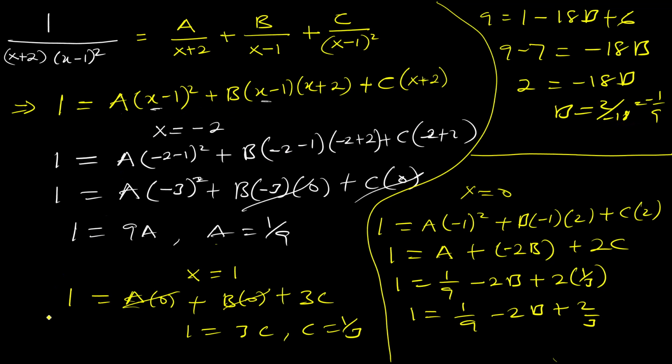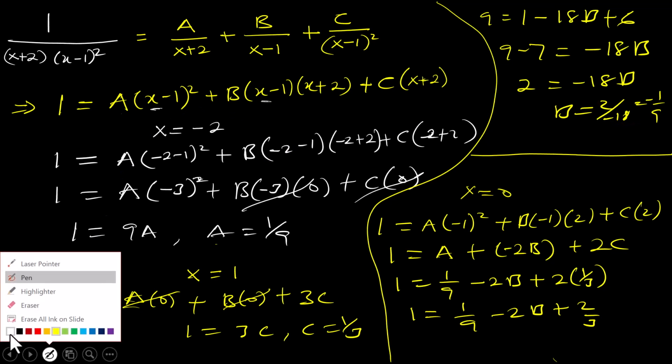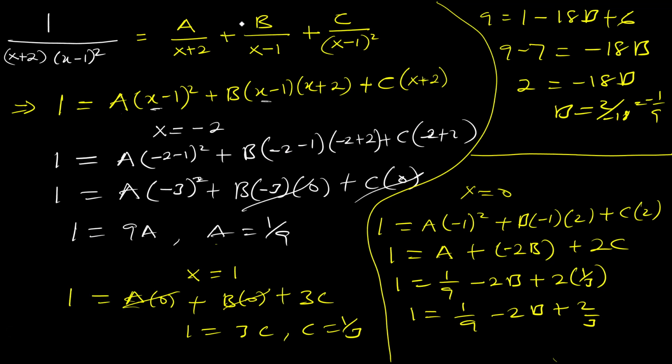Okay, so let's go back to the expression. We know A, B, and C. A is 1 over 9, so this one will be 1 over 9. I've taught how to write this in type 1, so you can check out the video. Then B is minus 1 over 9.